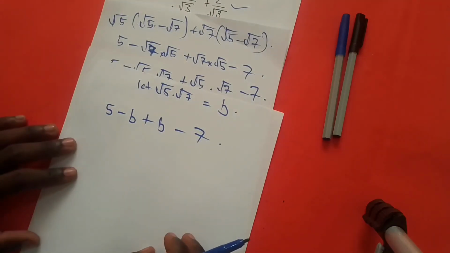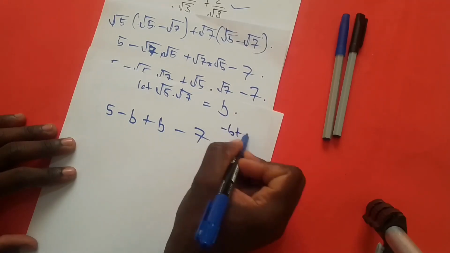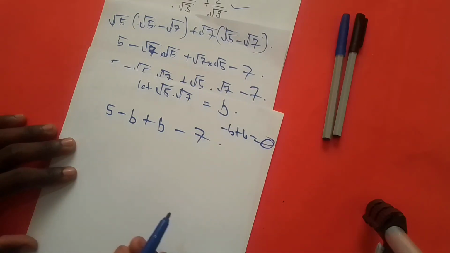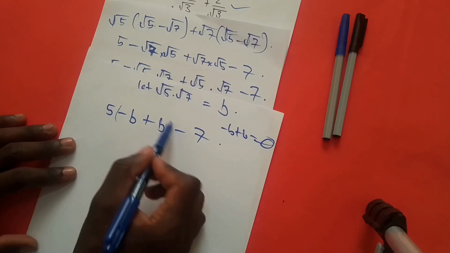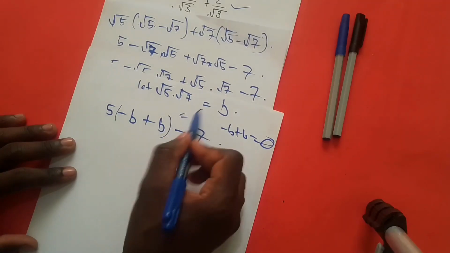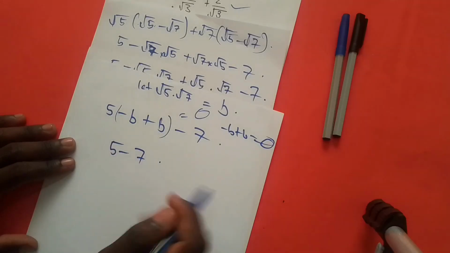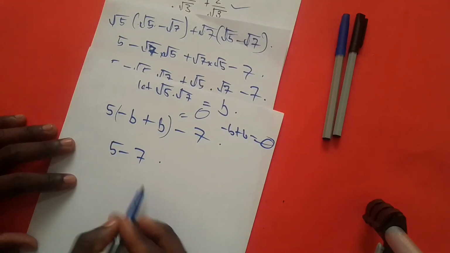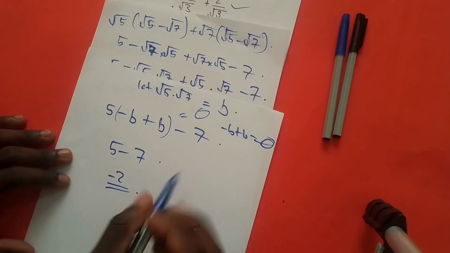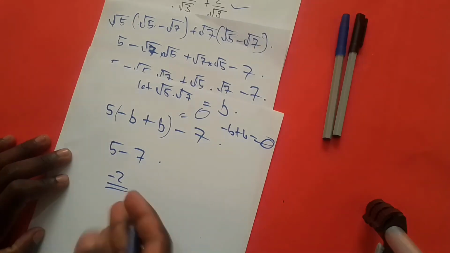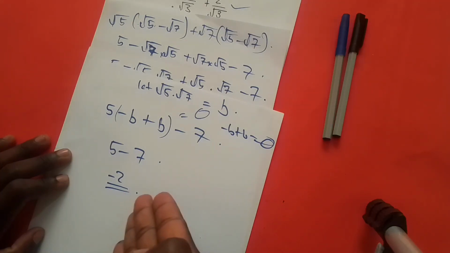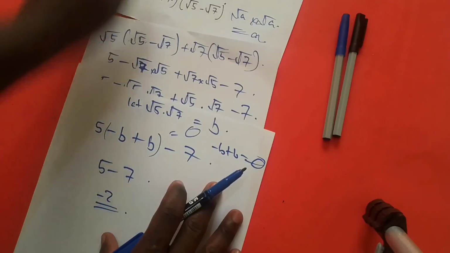Because we know that negative b plus b is equal to 0, right? So this part of the expression is just equal to 0. So we'll be left with 5 minus 7, right? So 5 minus 7 is equal to negative 2. So negative 2 is the simplification of this expression, right?